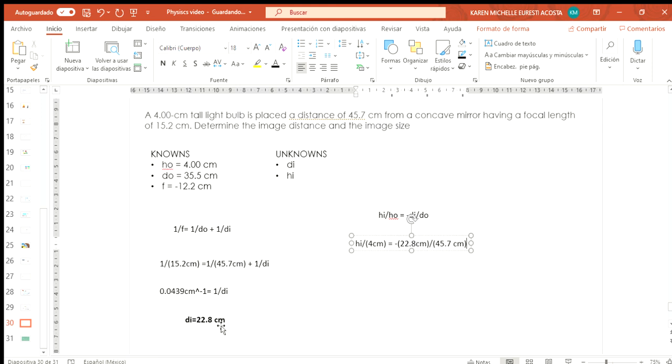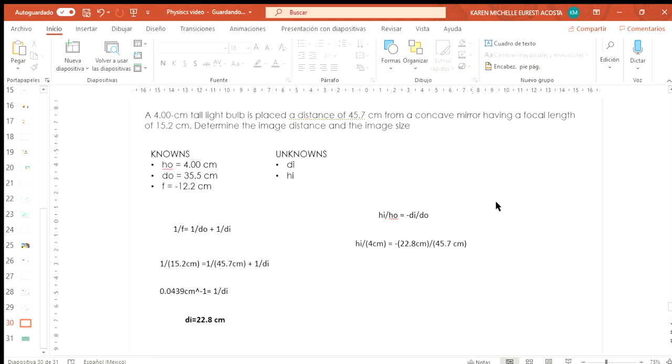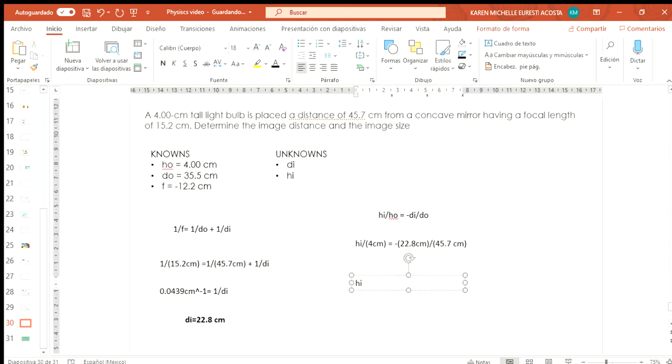The di is what we got here, so we just do the math and we pass the 4 centimeters to the other side like we did in the previous problem, and this will be minus 4 centimeters times the division of 22.8.